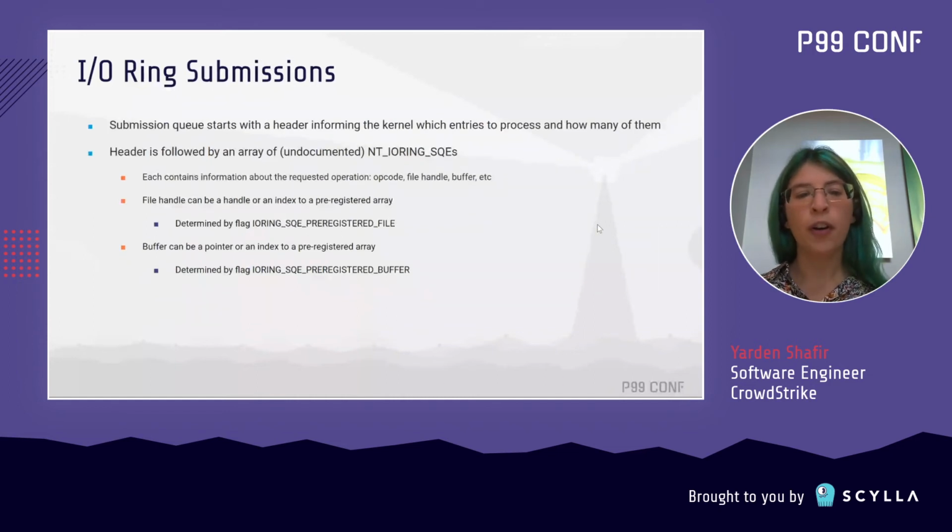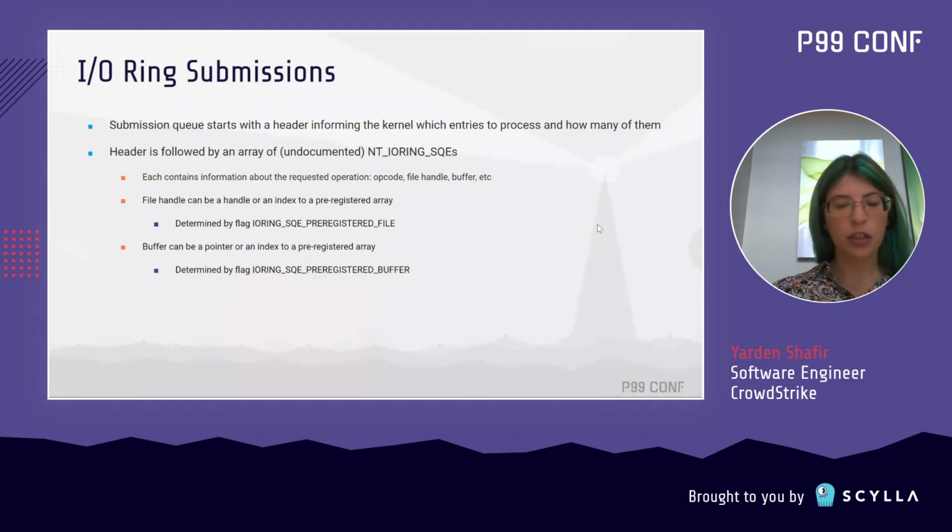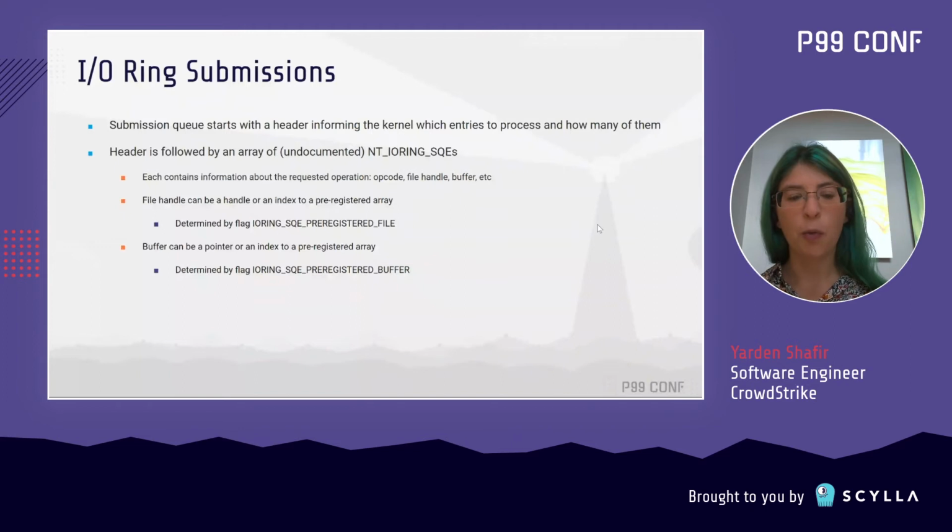Now, before all the SQEs, there is a header that tells the system how many entries have already been processed, how many entries still need to be processed, and what is the last processed entry. Because this is a ring, there isn't exactly an index because it goes in a circle. So it just tells the system what is the current head and tail of the ring, so it knows where to start and how many entries to process.